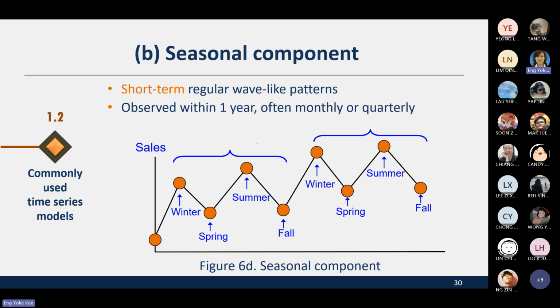So this pattern, the magnitude can be different. But you see that the up normally is in winter and summertime. The down one is spring and fall. So its pattern is repeating every year. For sure, you know already, but just you don't know how much is that.